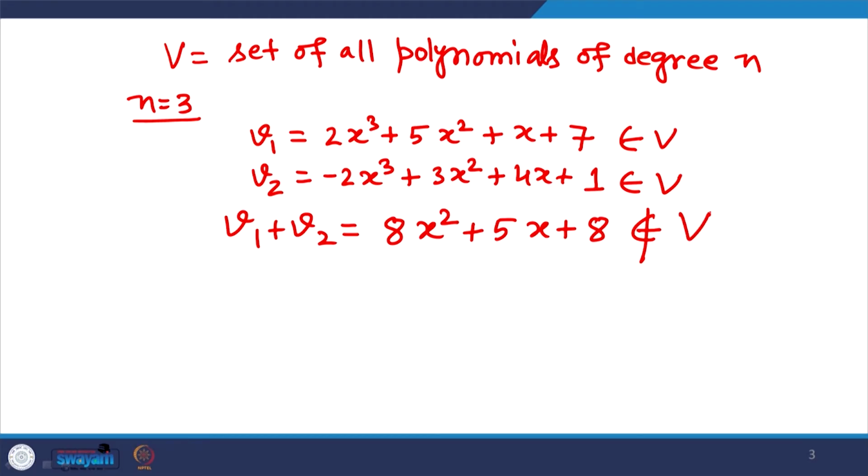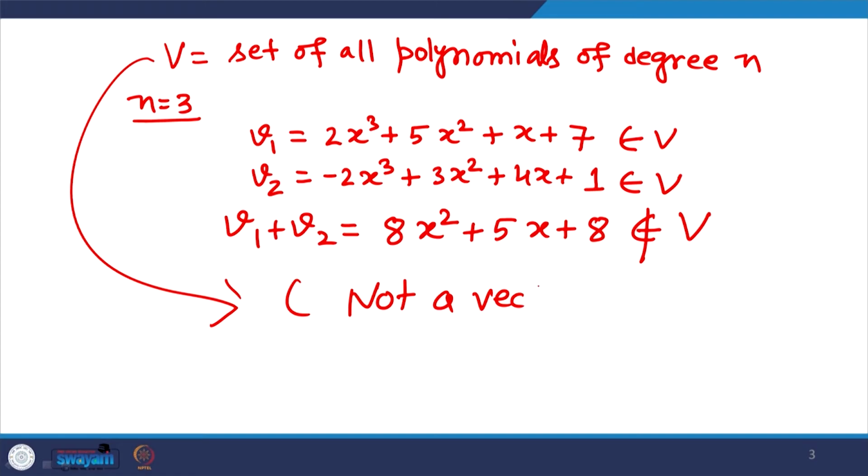So, it is not an element of V. Hence this set does not form a vector space. The closure property fails.